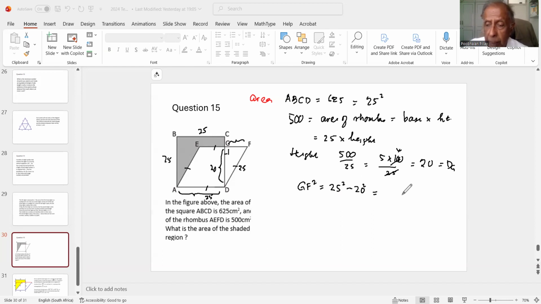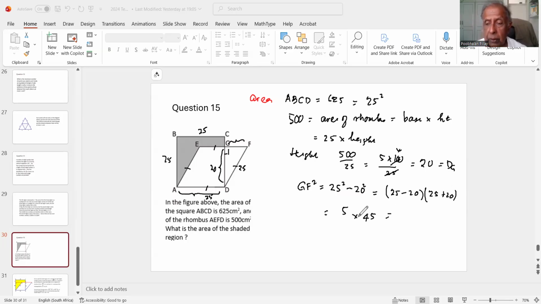I can do this very quickly because this is the difference of two squares. In Pythagoras, there is a difference of two squares that occurs, and that helps you to make calculation very quickly. So this is 25 minus 20 into 25 plus 20. So 25 minus 20 is 5, and 25 plus 20 is 45.